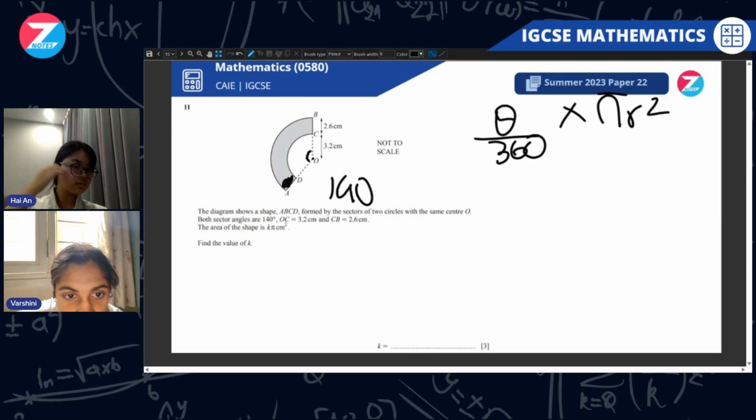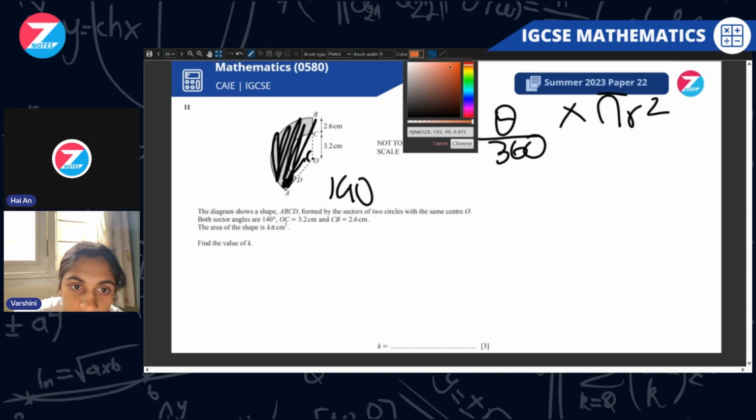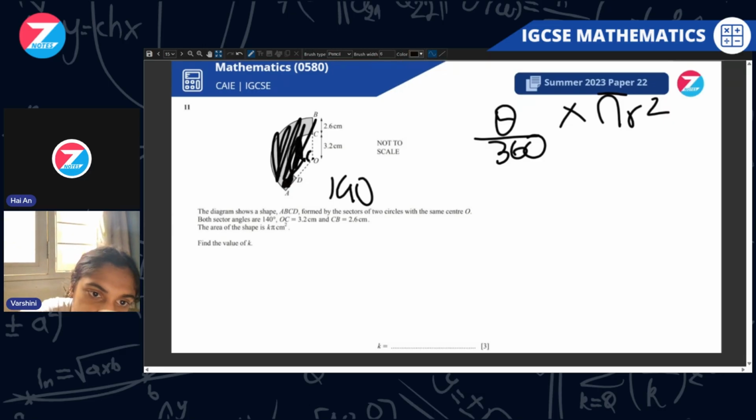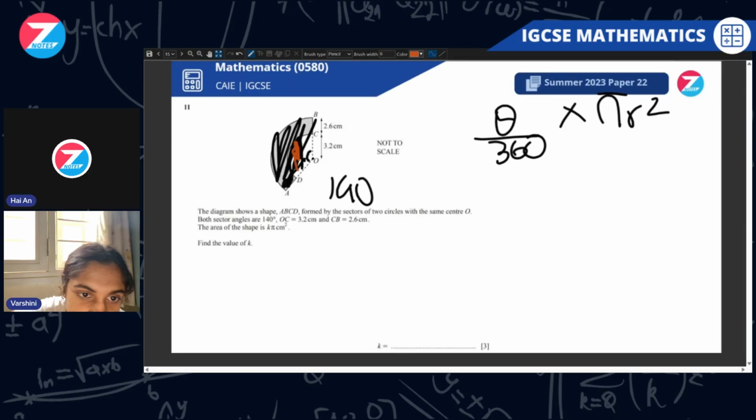So what we have to do for that is take the area of the entire shape, so that would be the area of all of this, and from that we subtract this. So then we just get the black area.